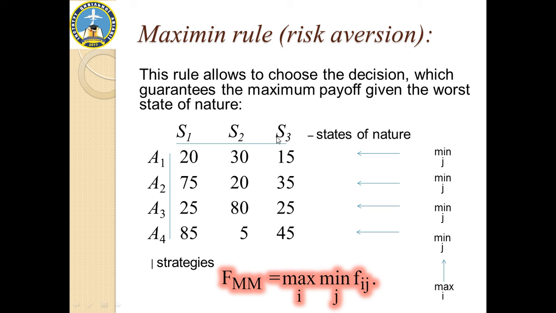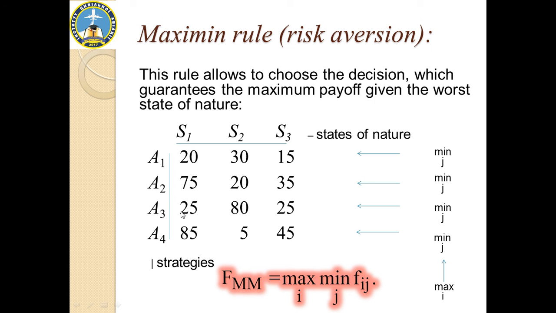For the second decision-making option, the minimum payoff is 20. It can be obtained if the nature turns up to be in its state S sub 2. The third option has two equal payoffs, so it's either 25 or 25. So this is the minimum.